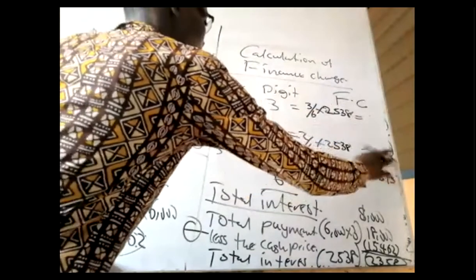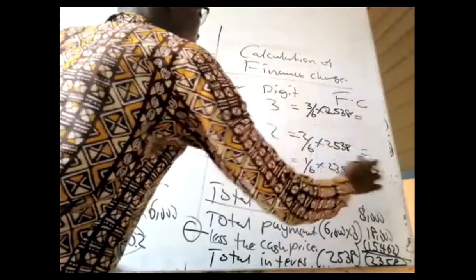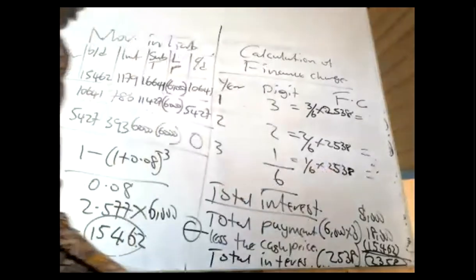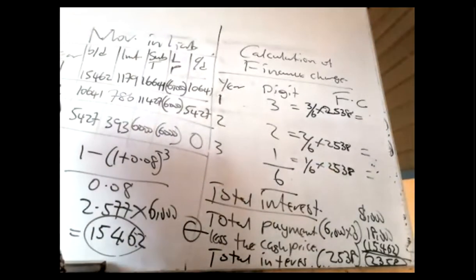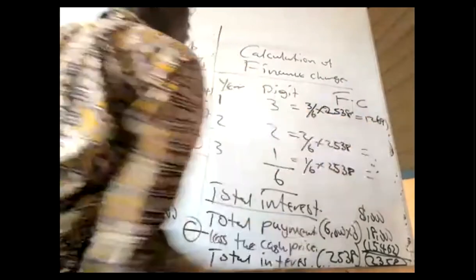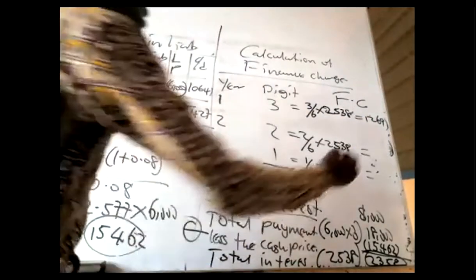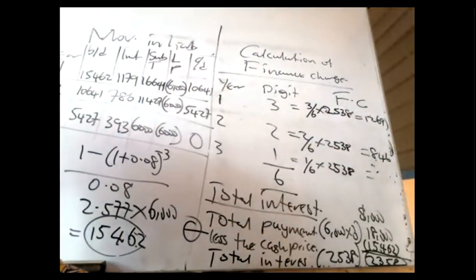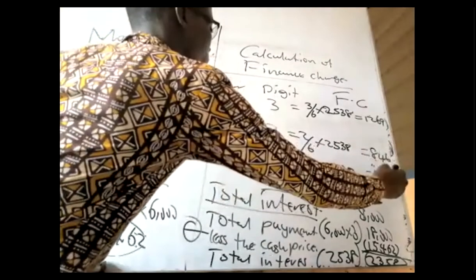2538. So let's see 2538. Okay. So year one should be 1269. And then year two should be 846. And finally you get something like 423.